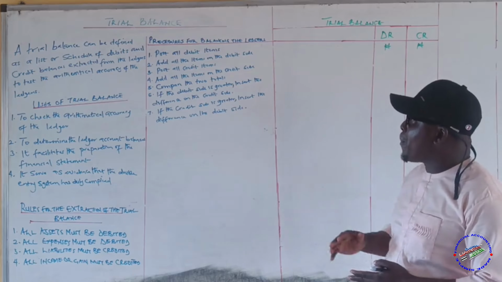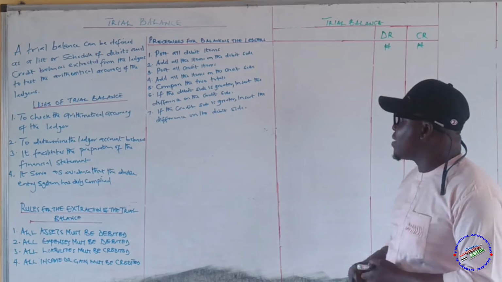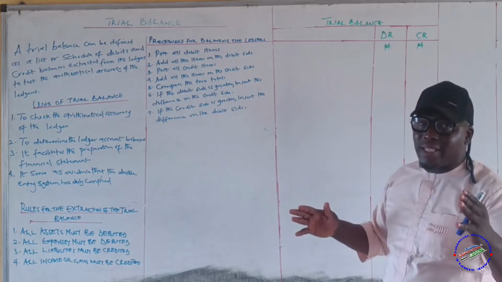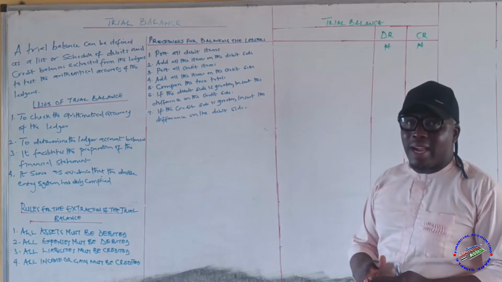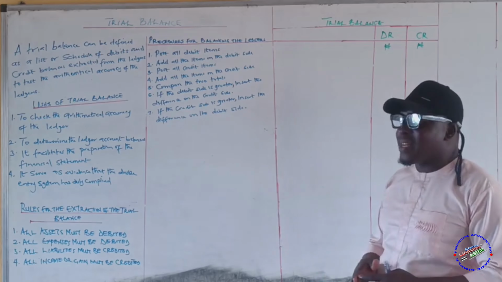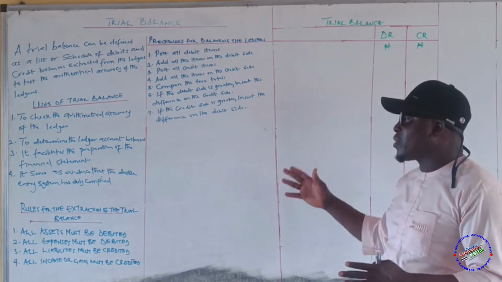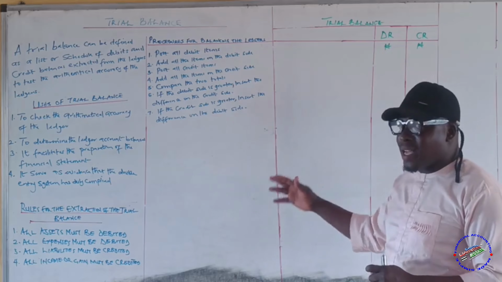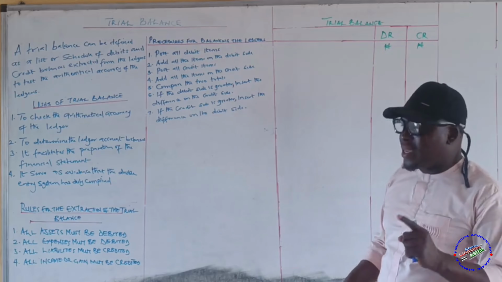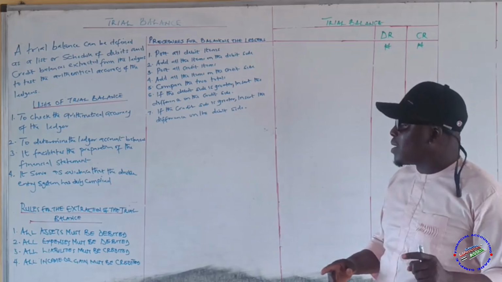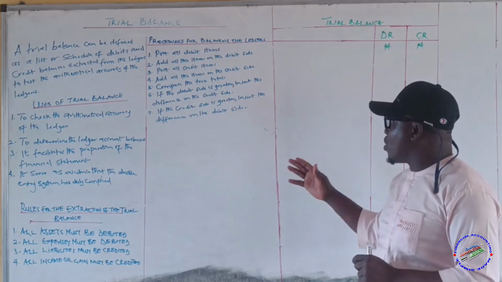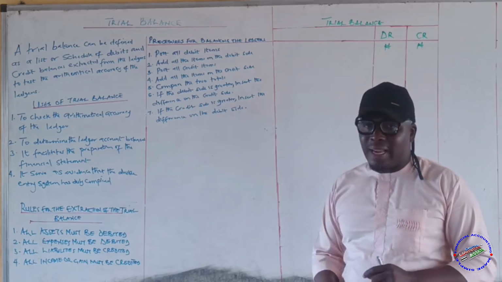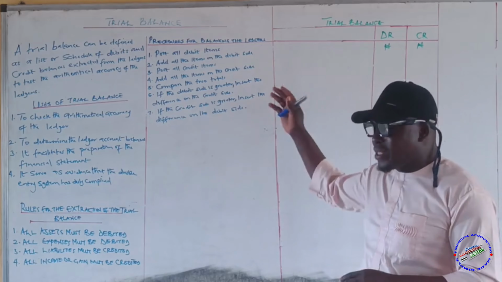We also sum up all the items on the credit side. We compare the two sides, that is the debit and the credit side. If the debit side is greater than the credit side, insert the difference on the credit side. But if the credit side is greater than the debit side, we insert the difference on the debit side. Have a look at these procedures.